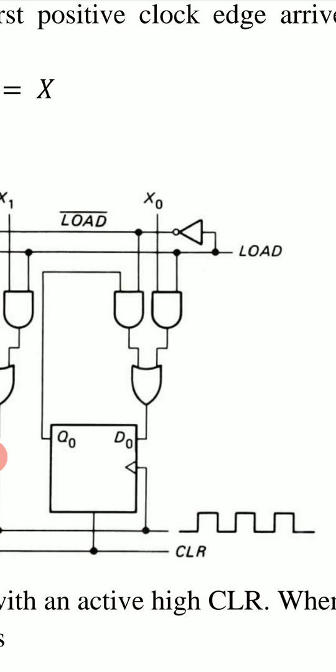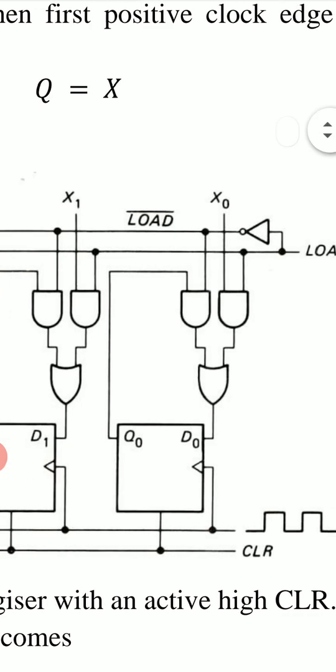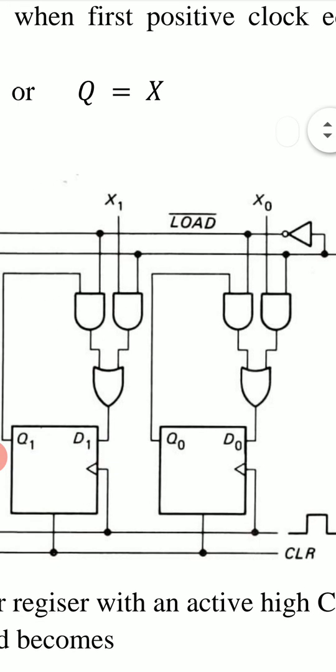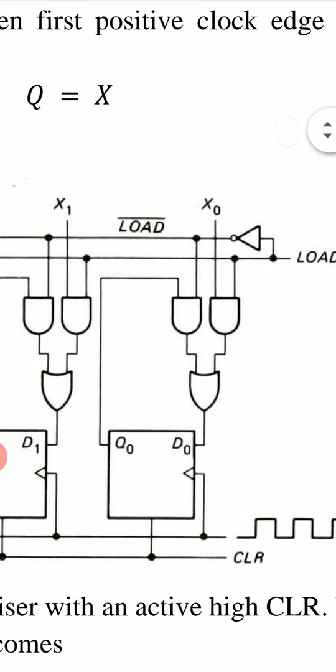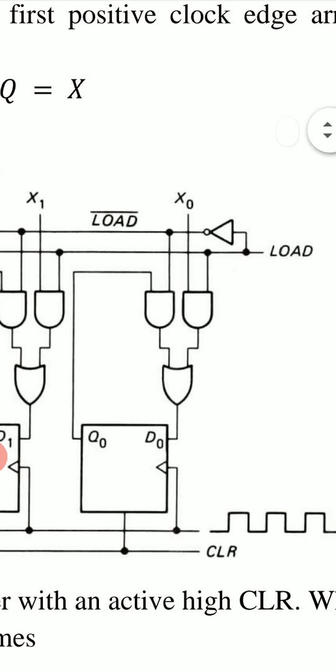This load goes to an inverter, that is a NOT gate, which produces load bar. These are 2 lines. One line is for load and the other is for load bar using this NOT gate.